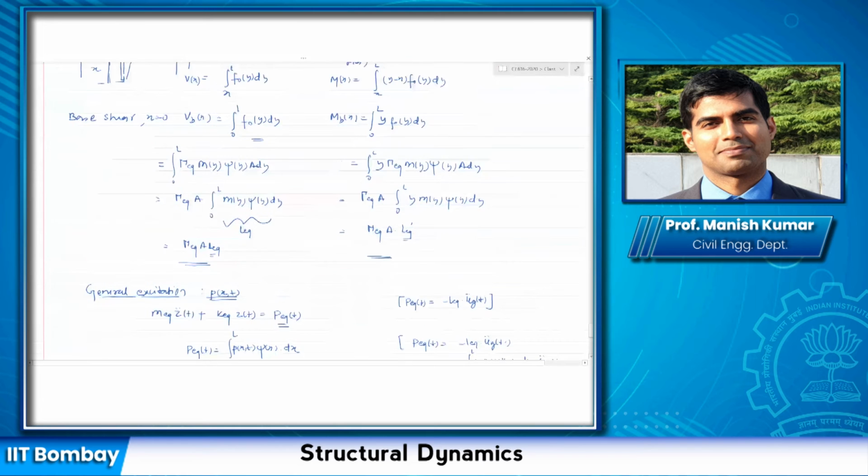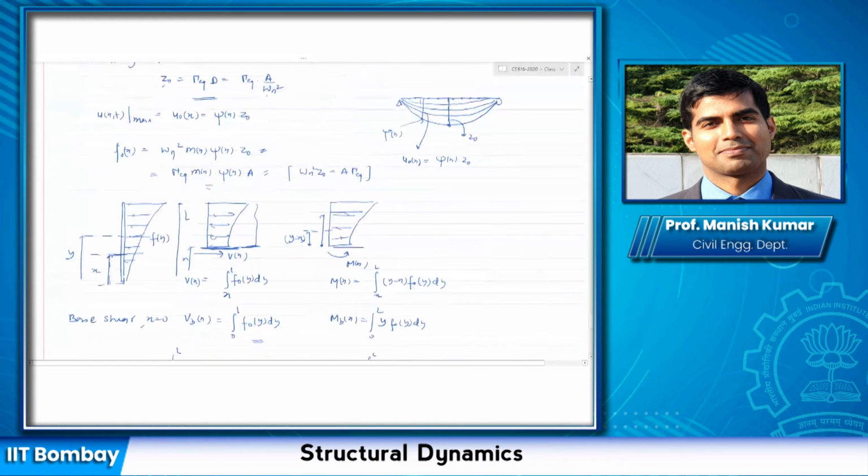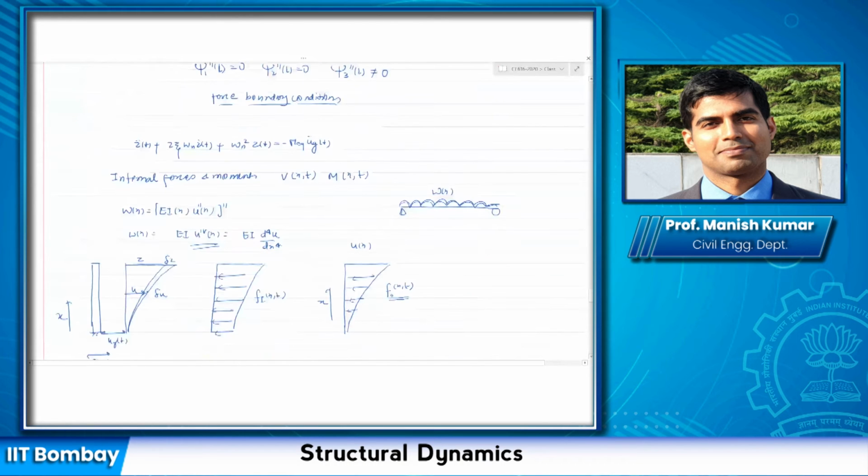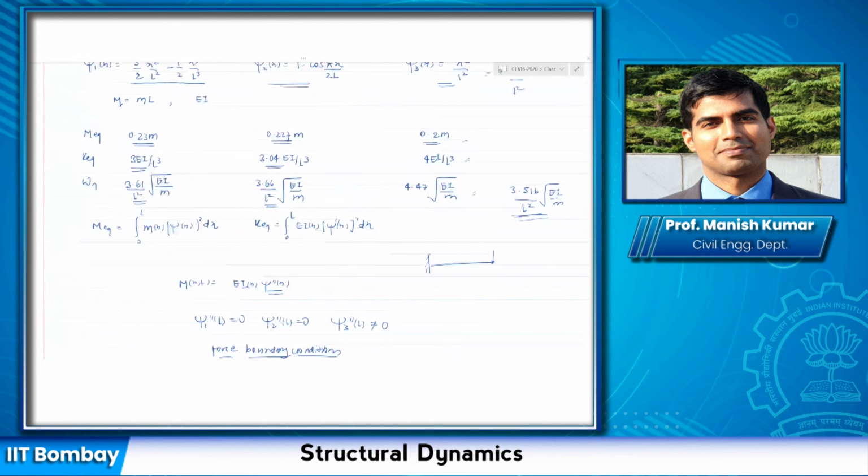You can utilize this expression here. All you need to do is find out what E is, which is given to you, what I is, and the value of mass per unit length, and then utilize that expression.